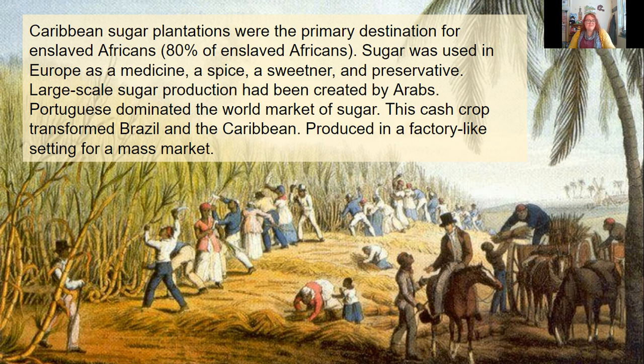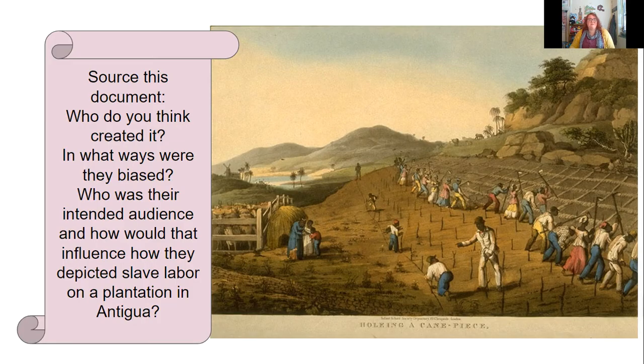And they got this idea from the Arabs. And so the Portuguese, because they were the first ones to start all of this, dominated the world market on sugar. And this cash crop transformed the economies of Brazil and the Caribbean. And it became so large that it was a factory-like system.